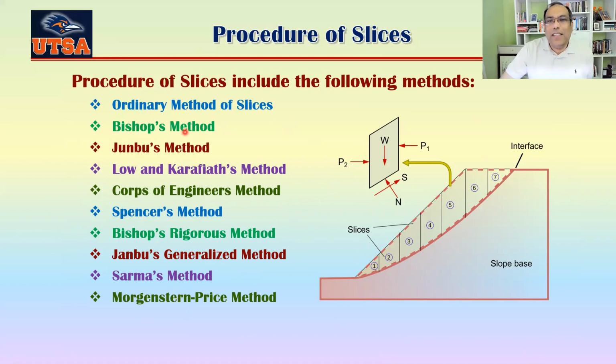Next time, if you say no, I don't want that one, you go to that page and select, say, Spencer's method, and it will find the factor of safety by the Spencer method, okay? That's the way you can compare 3 different methods and see how your factor of safety is changing, okay?